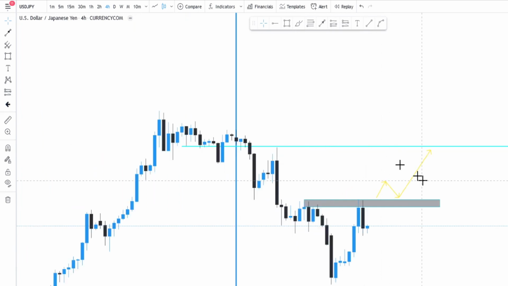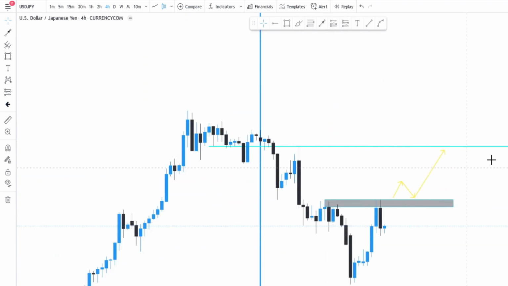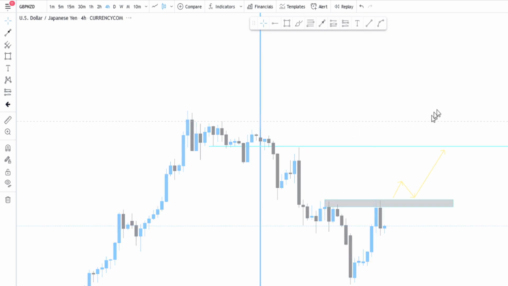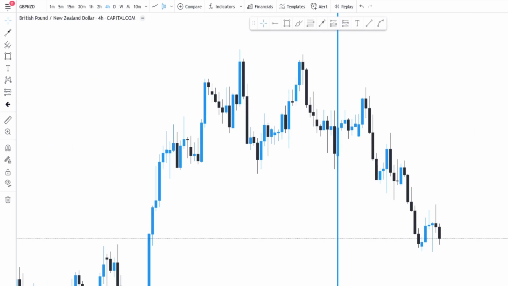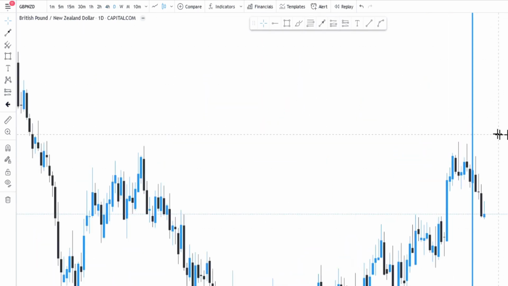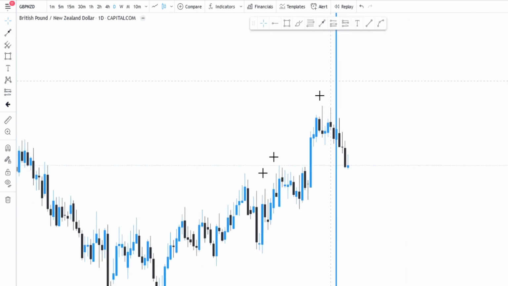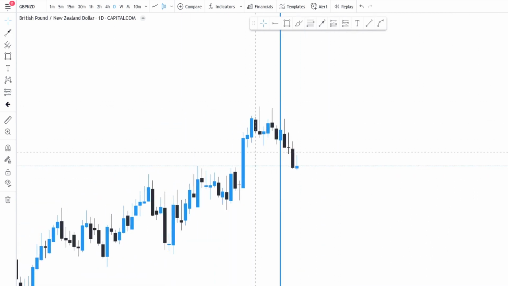So yes, let's go to the next pair, the GBP JPY at the daily time frame. So here we see that it's going up, uptrend, it's an uptrend.